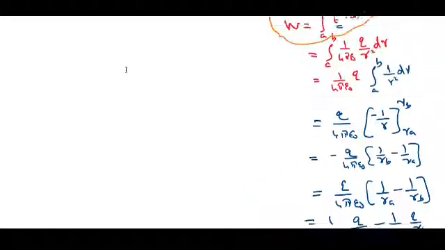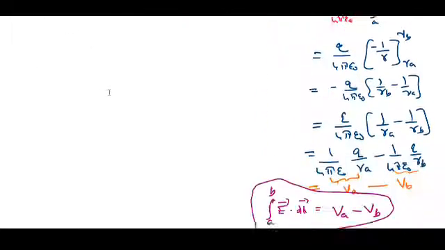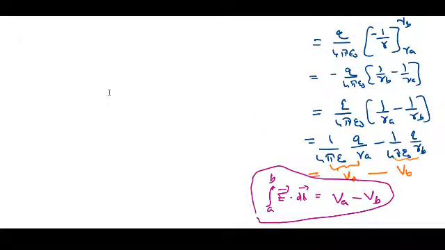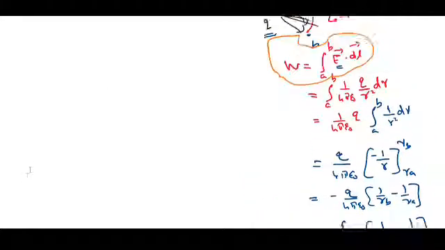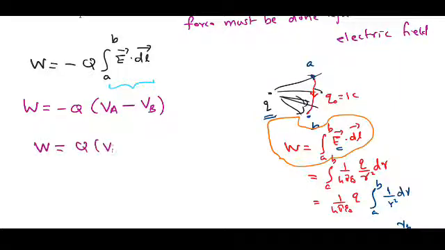If you come back to the work in the present case, here we also have the integration a to b E dot dl. Instead of this E dot dl, I will substitute VA minus VB. Therefore, the work can be written as W is equal to minus q into VA minus VB. If you take the minus sign inside, it's q into VB minus VA.